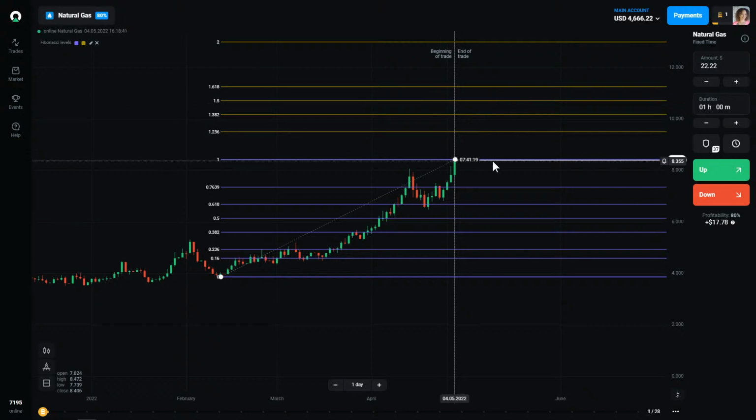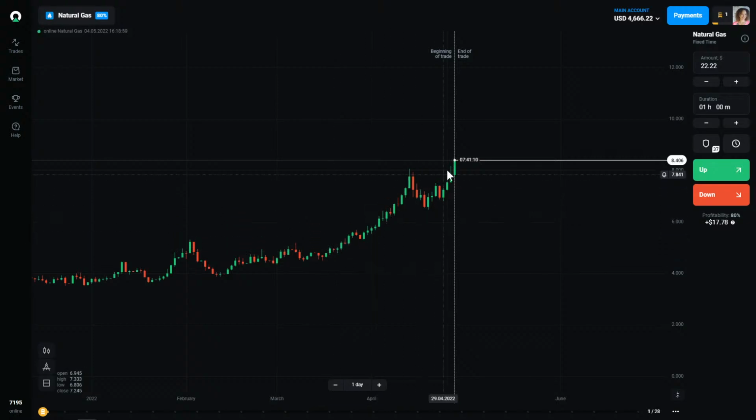Basically it's just the opposite. So let me just show you one more time. If we have an uptrend that's starting to correct down, then you would connect it from the low to the high. If you want to see potential future levels of resistance, then you would connect it from the high back to the low. Pretty simple, my friends.